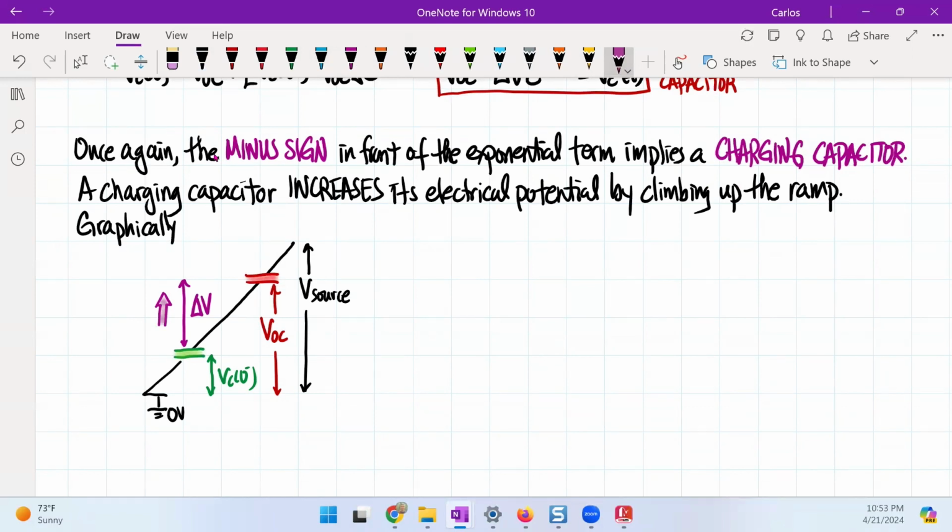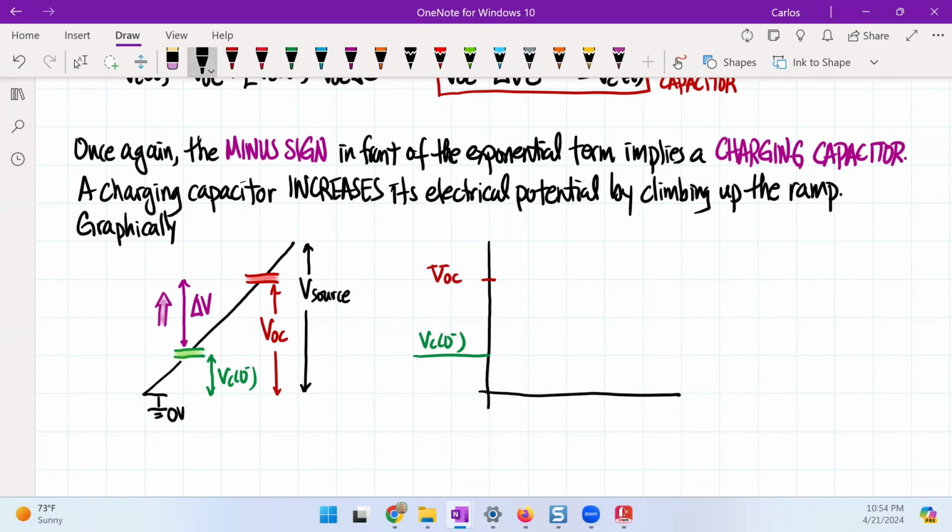What does the RC curve look like now? In the RC curve, I have a very similar curve. And what's happening is that I have my capacitor come in at Vc 0 minus. And as the capacitor climbs up, it reaches up to the value of VOC.